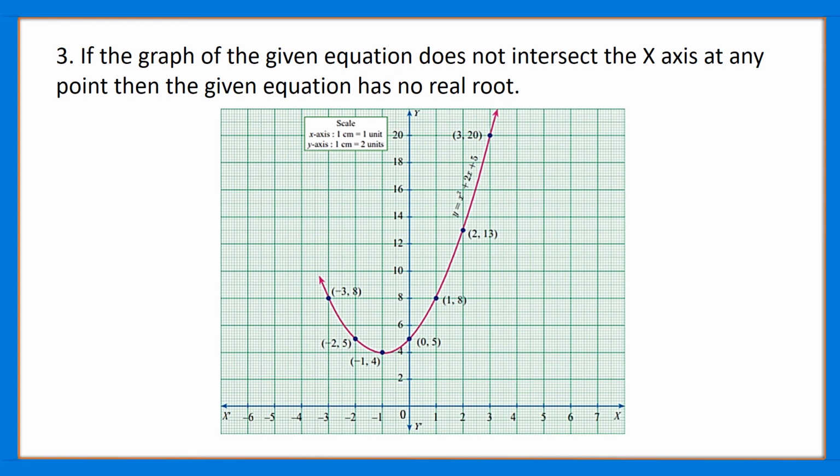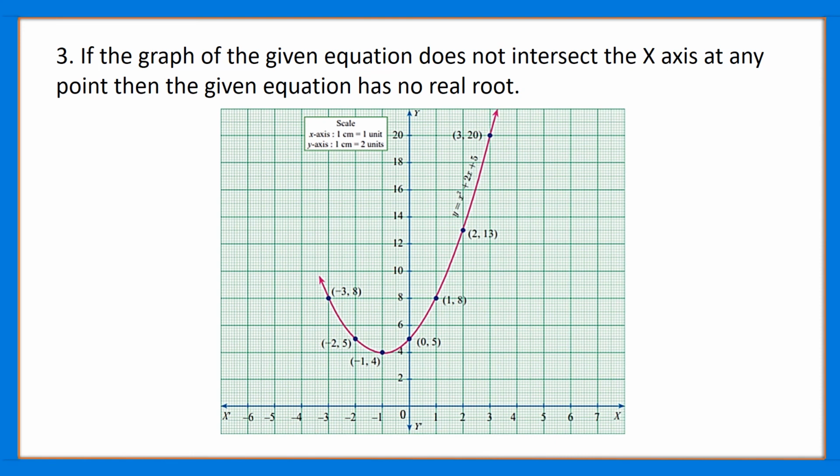Let us summarize the 3 points that we have seen so far. If the graph of a given quadratic equation intersects the x-axis at two distinct points, then the equation has two real roots and they are unequal.